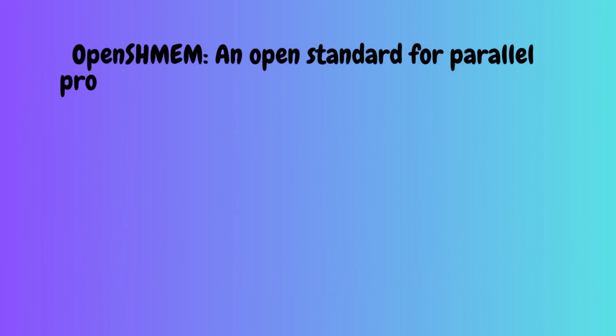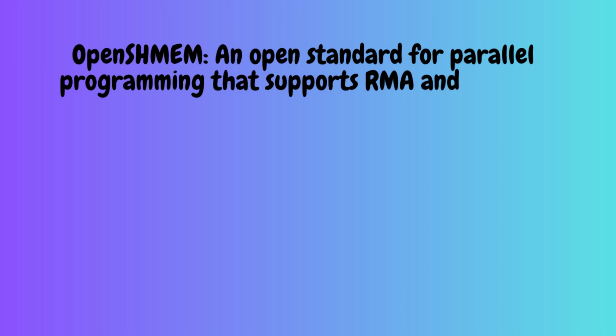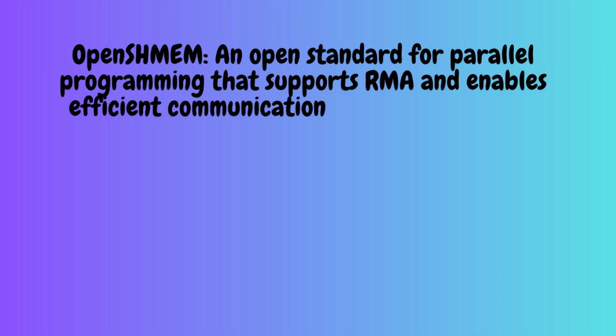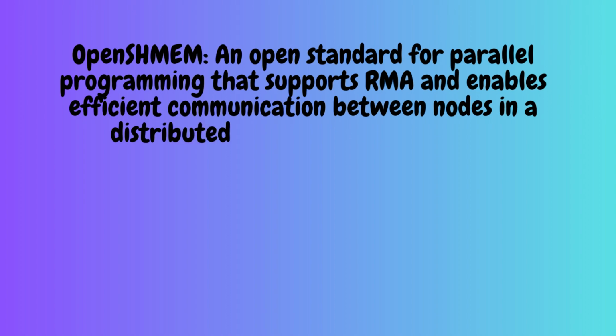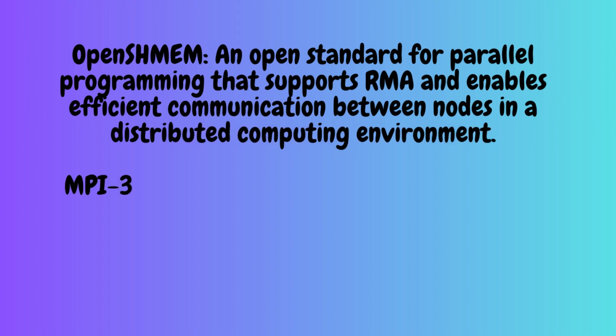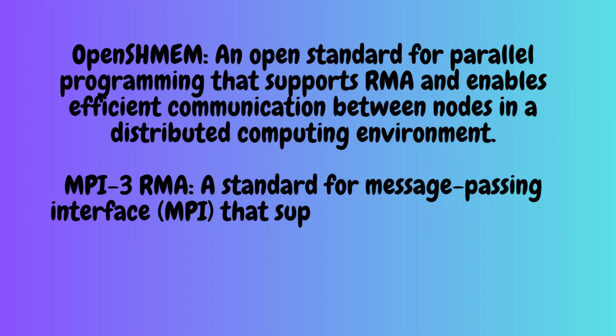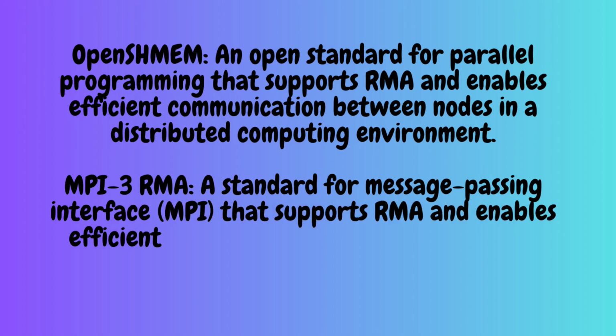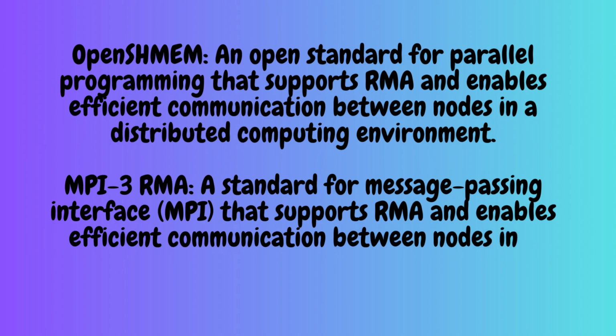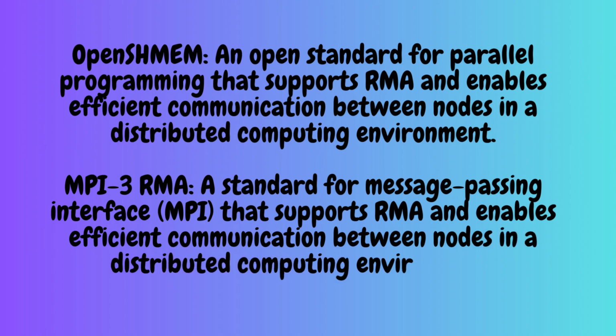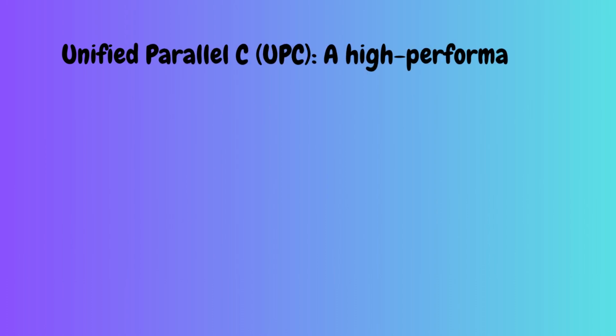Number 2 is Cray Aries, a specialized network fabric used in Cray XC series supercomputers that supports RMA and enables efficient communication between nodes in a distributed computing environment. Third is Intel Omni-Path Architecture, called OPA, a high performance network fabric that supports RMA and enables effective communication between nodes in a distributed computing environment.